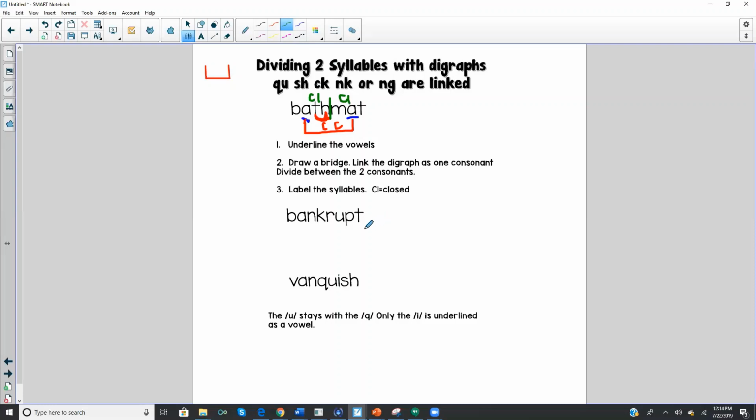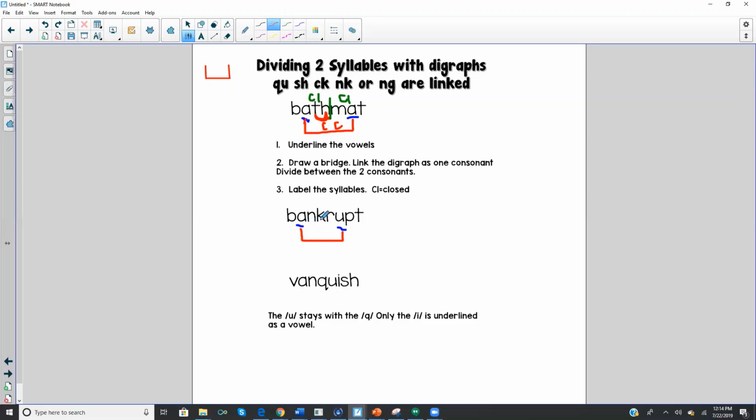Okay? Now let's do this one down here. This one's a little more difficult. I'm sure that you can read it because you've been doing this with me for a while, but let's pretend that we can, okay? So the first thing we're going to do is underline our vowels. Bankrupt. We're going to underline our vowels and draw a bridge. So it's A and U, draw a bridge.